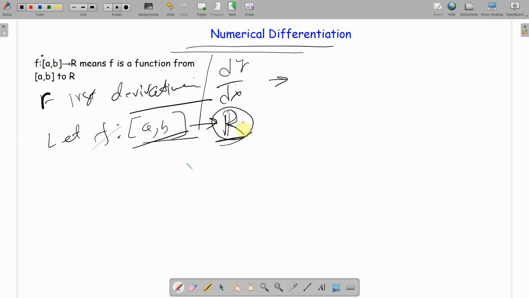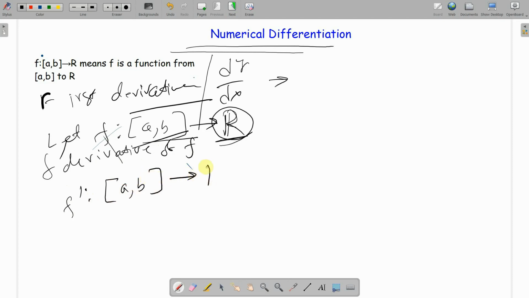Okay, then you can write the derivative of f, f dash, on a comma b, which is also in the real space.